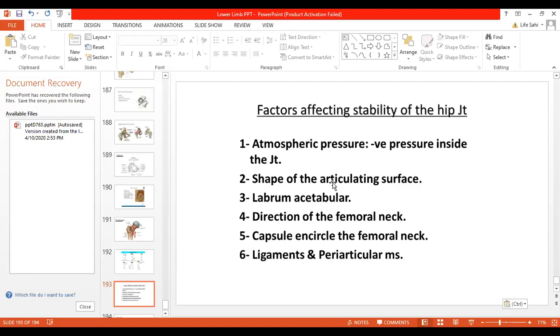So unlike the shoulder joint, the hip joint is not only highly mobile, but also has a higher degree of stability.